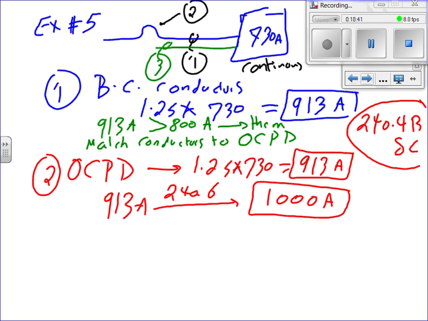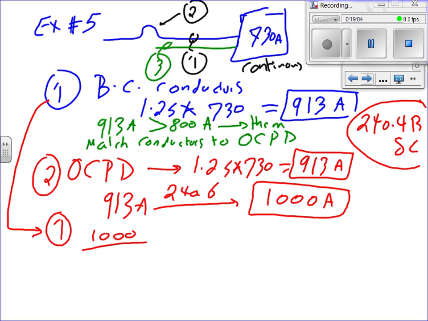Now I know. I'm going to match the conductor to the 1,000, so I'm going back to my conductors. Since I can't carry 1,000 amps on a single conductor, I single-handedly decided to parallel 3 runs.